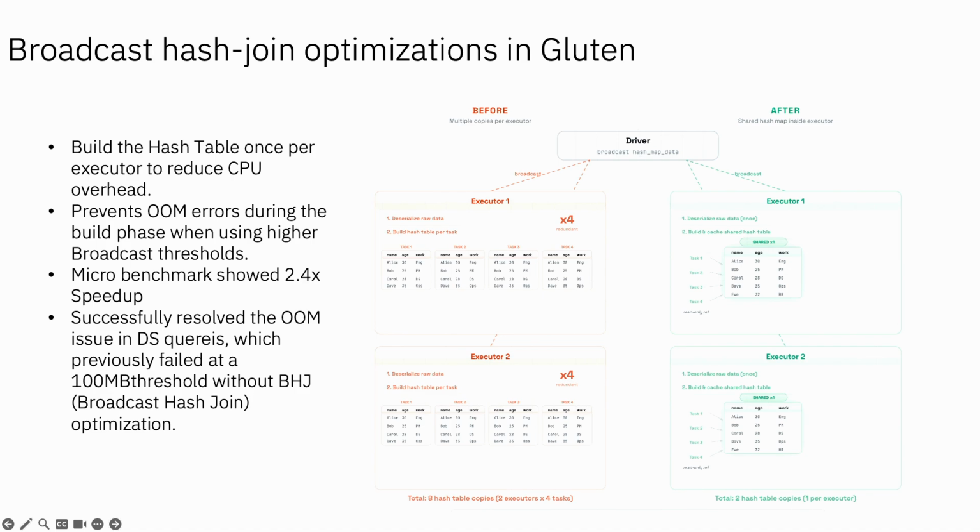Instead of building the broadcast hash table for each thread, we will build that table only once inside the executor, and then the executor will share that hash map and reuse it, so that the memory footprint is reduced.